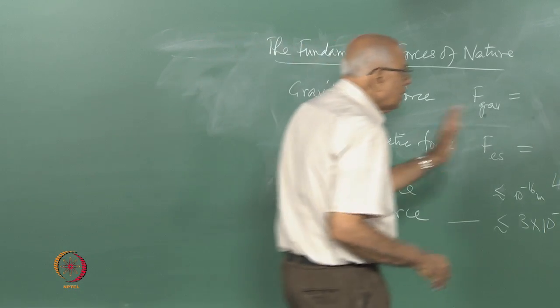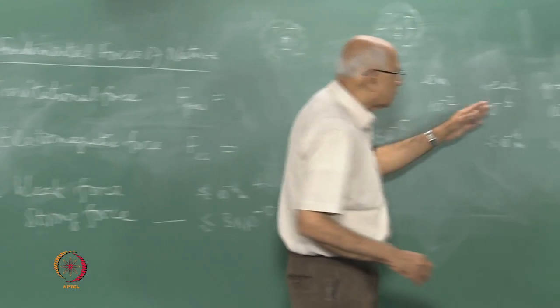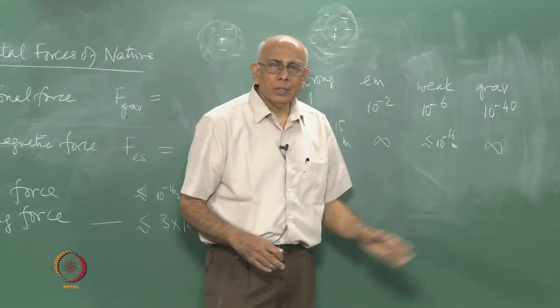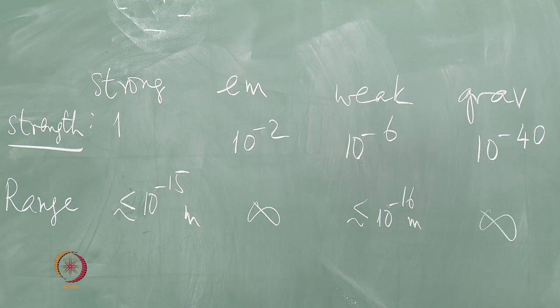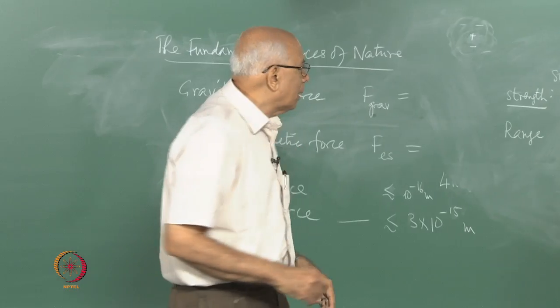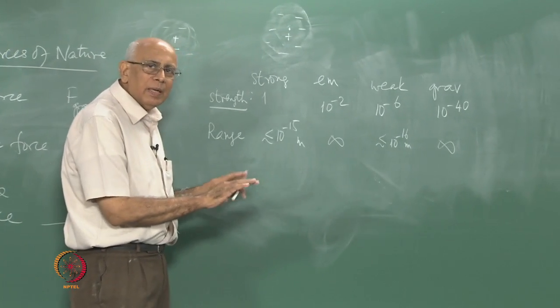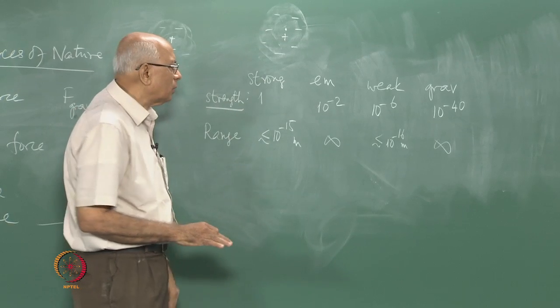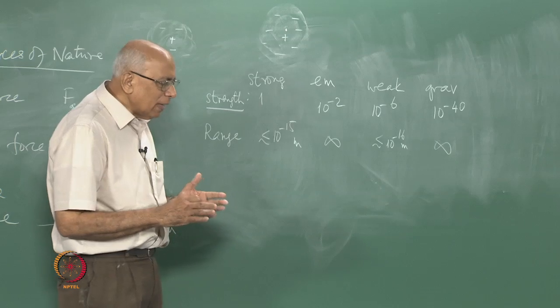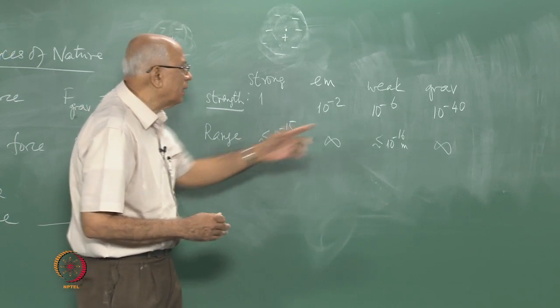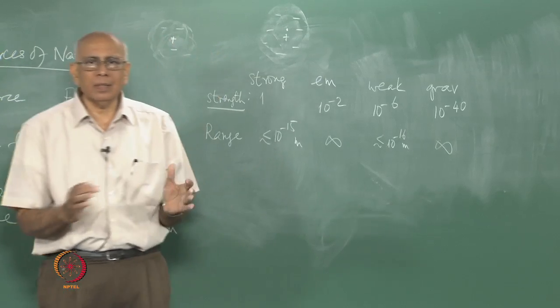Now the very difference in scales here is what makes the problem of unification extremely difficult, because you have phenomena appearing on different scales altogether, separated by a large number of orders of magnitude, and this makes it very non-trivial to bring these things under the same umbrella.